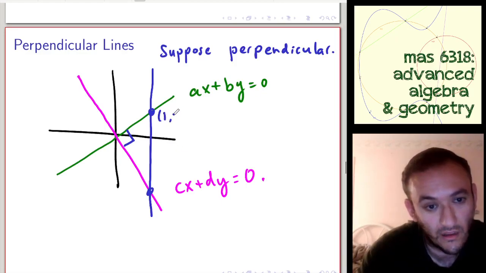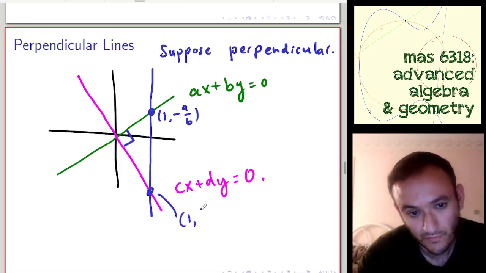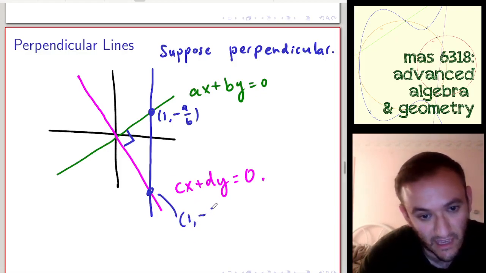So we have the point (1, minus a over b). As for here, we would get 1, and by the same token, minus c over d.